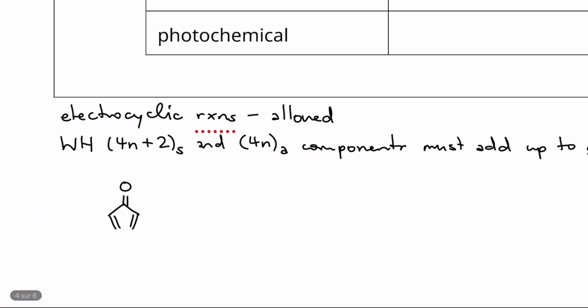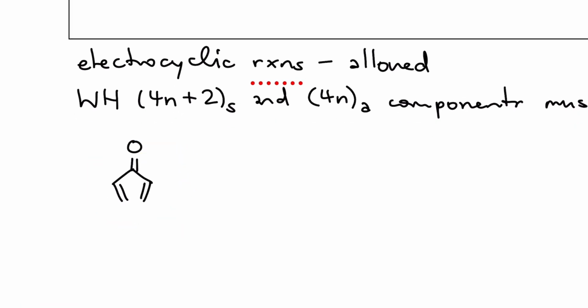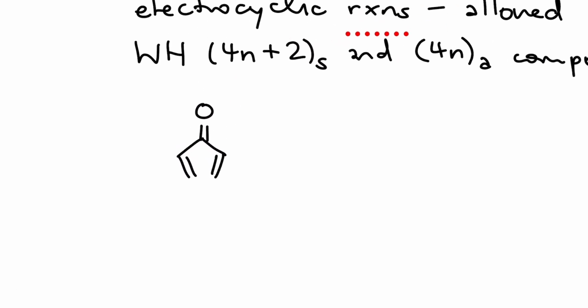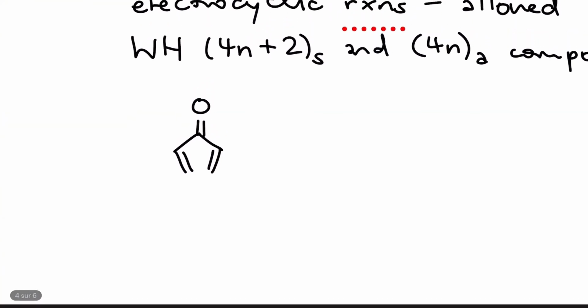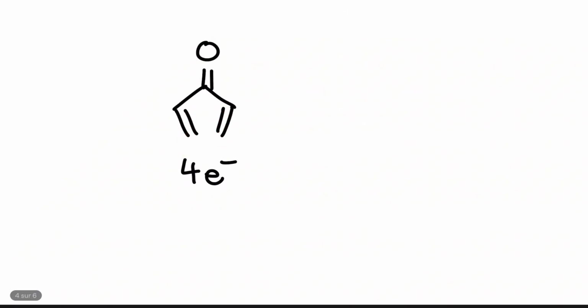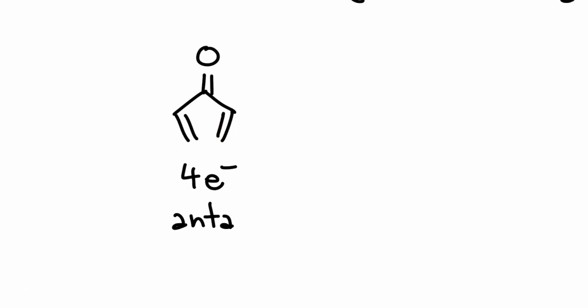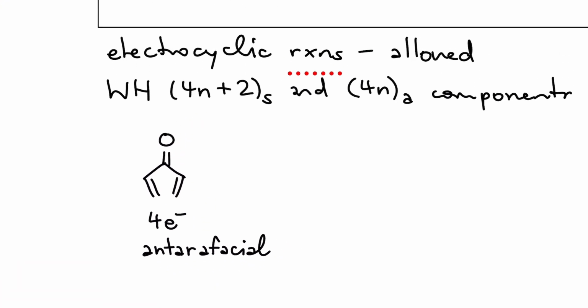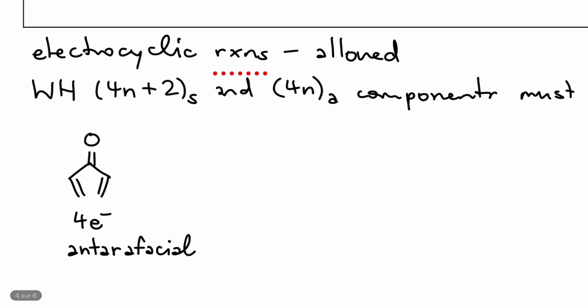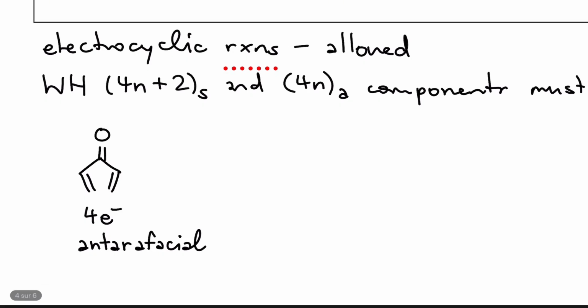It means that this system must be antarafacial, because right here we have 4 electrons in our pi system, from 2 double bonds. So this must be antarafacial to make this reaction work, so that it obeys the Woodward-Hoffmann rules.